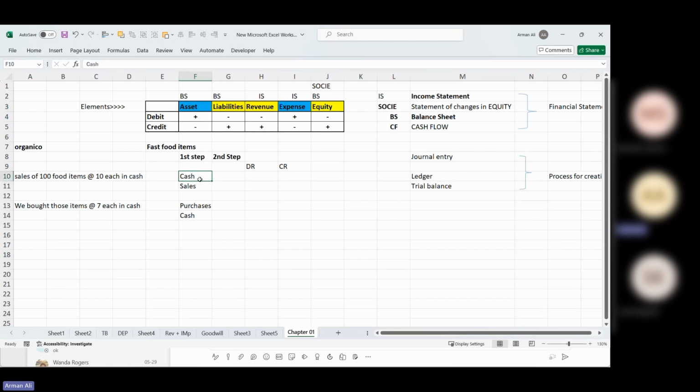So what could cash really be? When we try to value an individual, we would say, what are their assets? And they would say, I have a car, I have a house, I have tools in the shed, I have cash. So those are the assets.